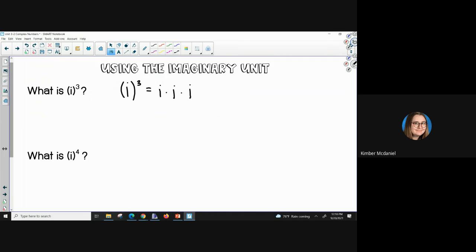If you're thinking, she said i equals square root of -1, yes, but you're never going to replace i with the square root of -1. You're going to leave i as i. However, since we have two i's here, we can rewrite that as i to the second times i.